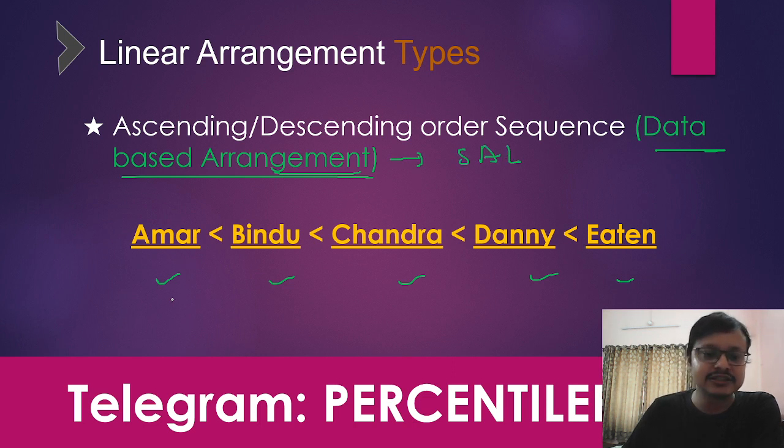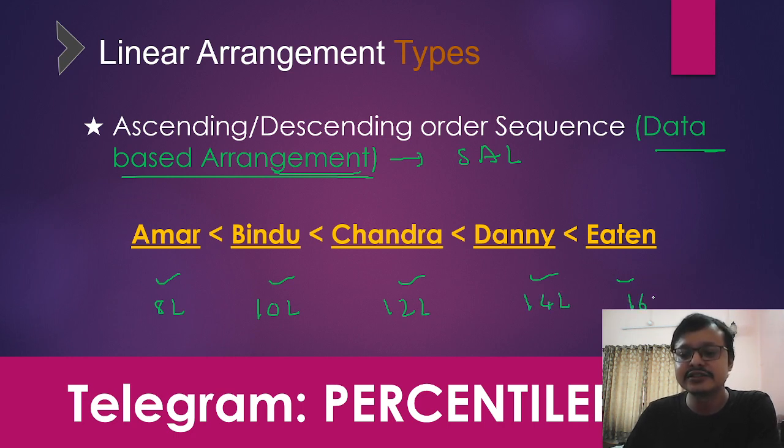Let's say Amar is at 8 lakhs per annum, Bindu is at 10 lakhs per annum, Chandra is at 12 lakhs per annum, Danny is at 14 lakhs per annum, Yatin is at 16 lakhs per annum. So effectively, Amar is less than Bindu, is less than Chandra, is less than Danny, is less than Yatin.